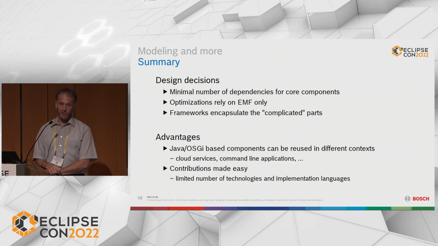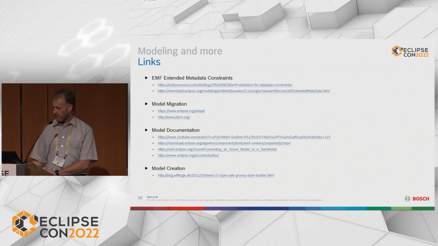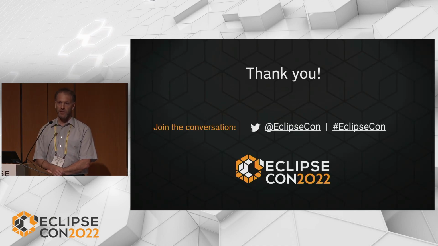And of course, contribution is made as easy as possible, so that you have a limited number of technologies, a limited number of additional languages. So if someone knows Java and the examples with the annotations, it's quite simple to extend this. I provided links to all the different parts here, and therefore, thank you for your attention, and I'm open for questions.